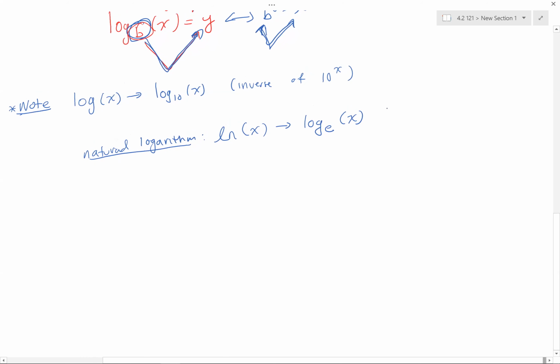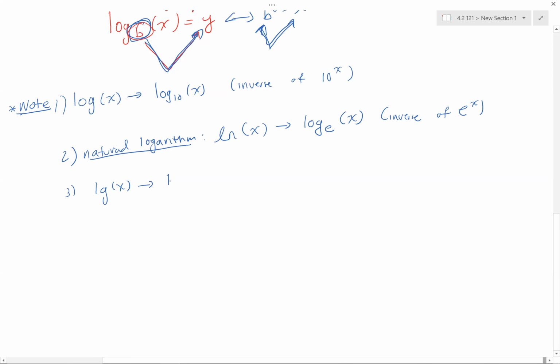All right, so this is the inverse of e to the x. If you do intend to go into something like computer science, they have this other function. This is log base 2. If you see lg of x, this is a common computer science definition.